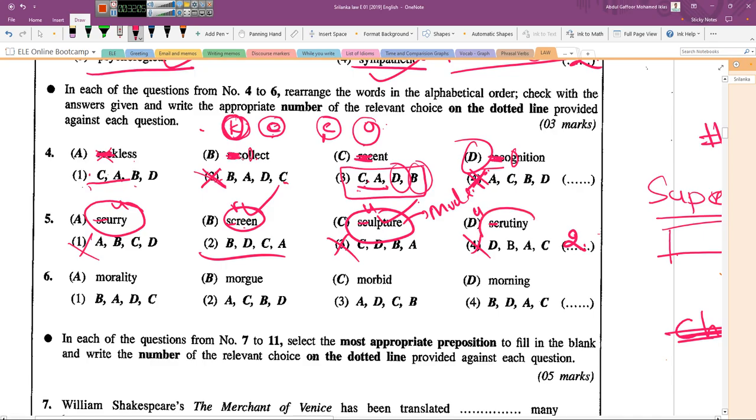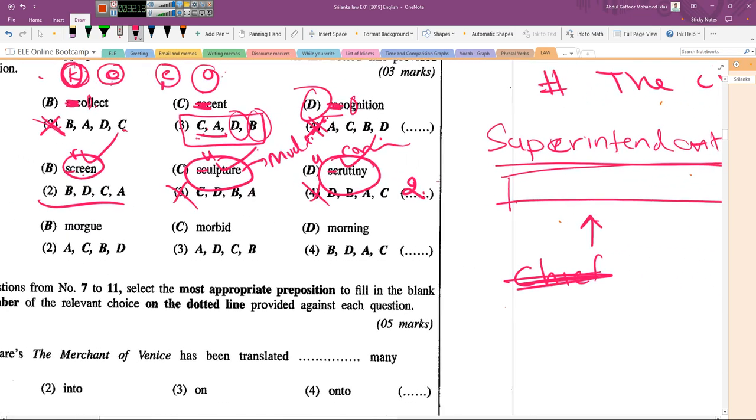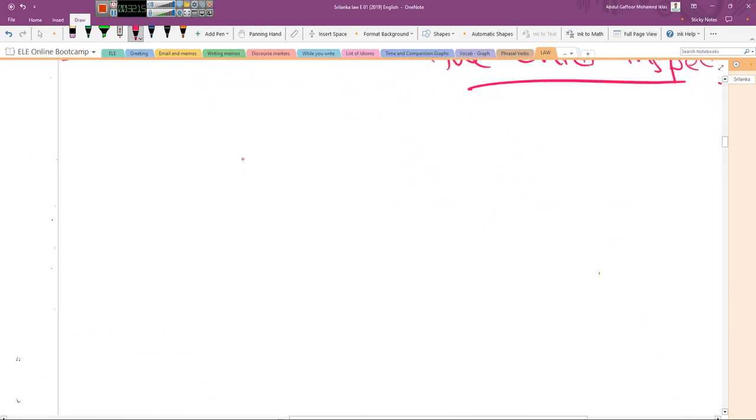Okay. And scrutiny means like re-correction, re-scrutiny, right? So like correction, right? So we will just see scurry and scrutiny now, and sculpture also. Scurry, scrutiny, and sculpture, right? So these are the 3 words that we are going to learn today: scurry, sculpture, and scrutiny.